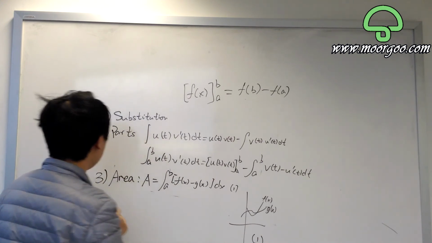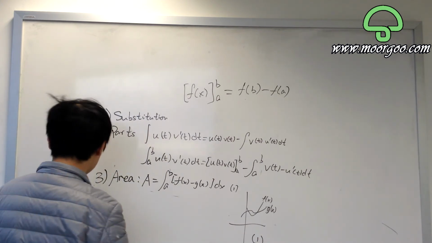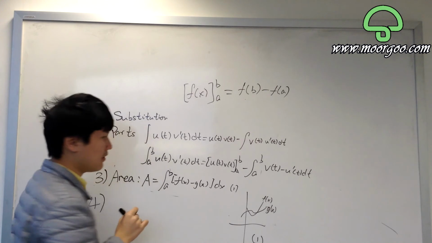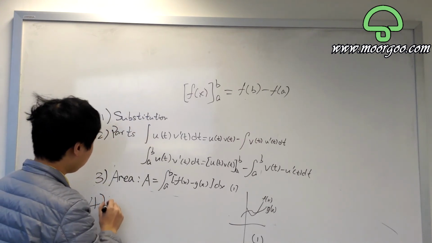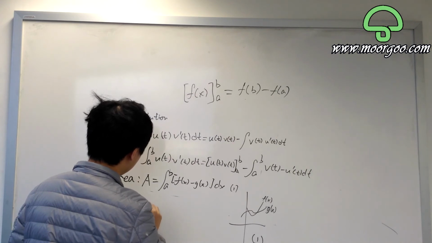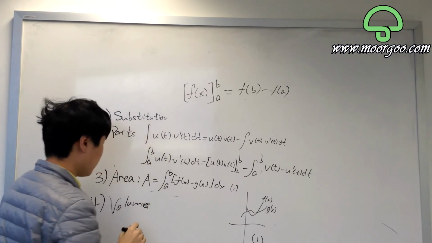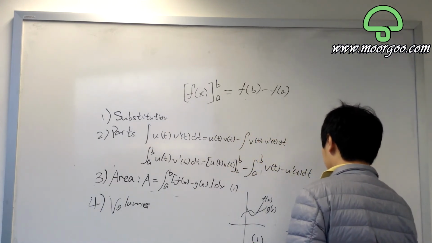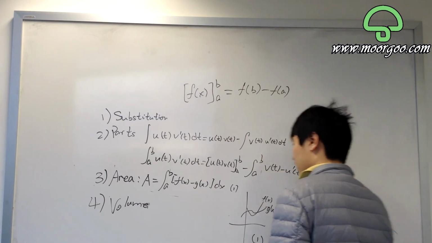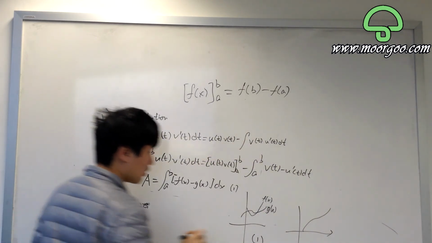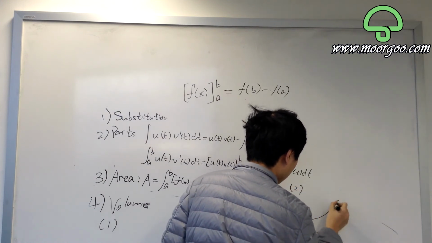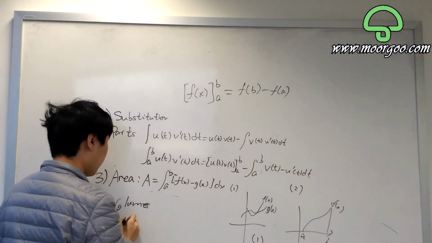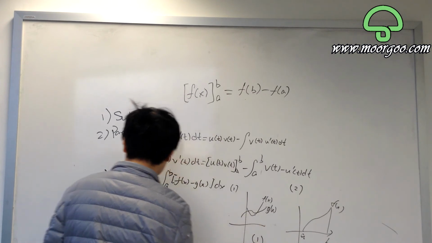And I believe the most important and arguably most difficult part is volumes. But volumes can just be reduced to 2 cases. Case 1, rotated.